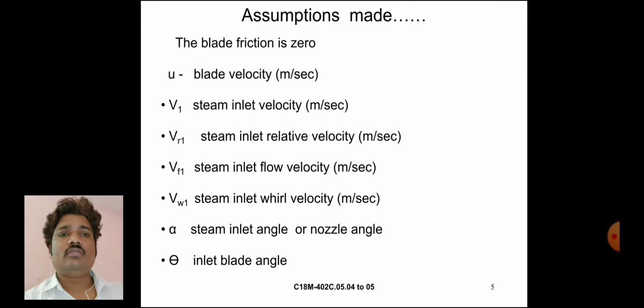Alpha is the steam inlet angle or nozzle angle. Phi is the inlet blade angle.